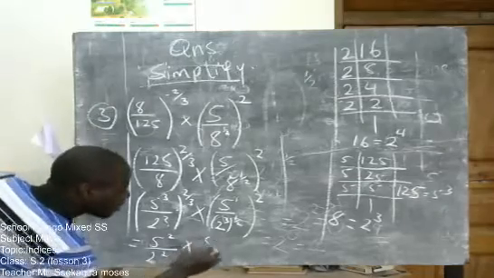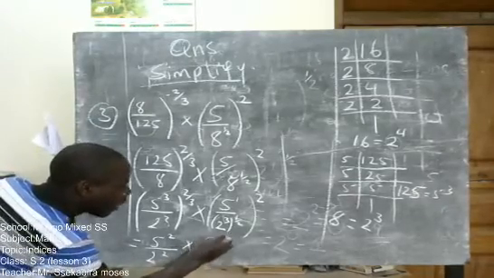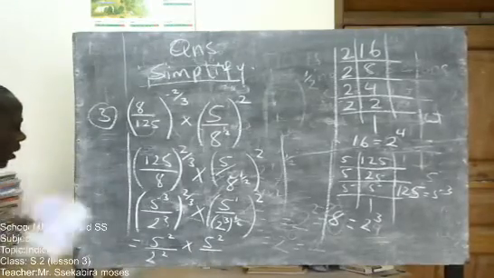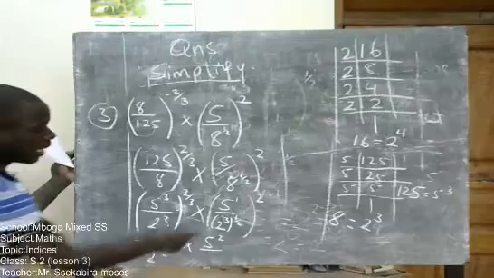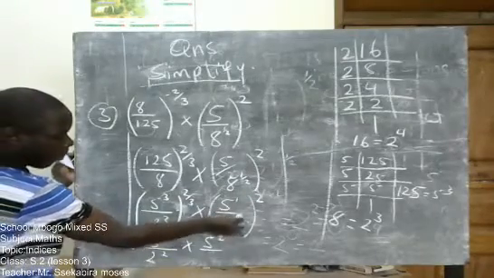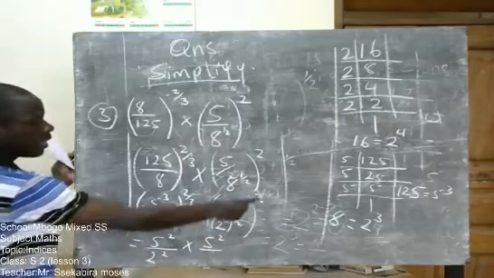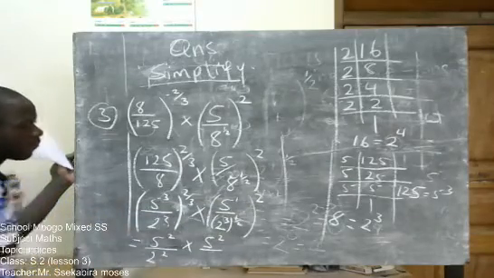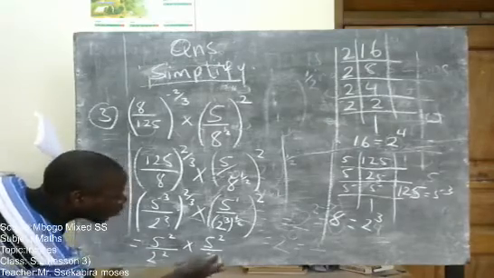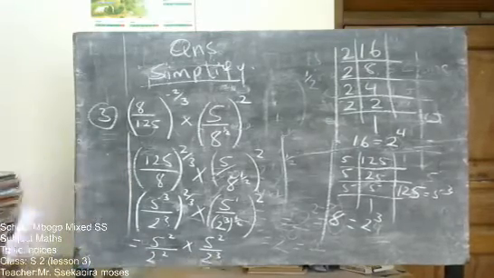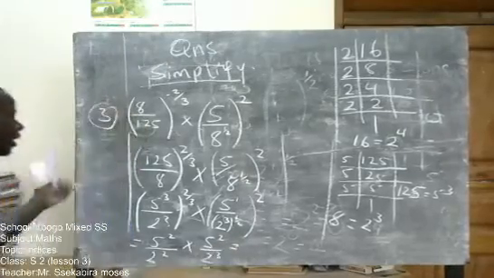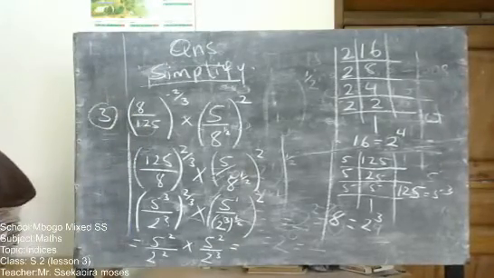That one gives us 5 to power 2 over, here, 2 times the power here, 2 times a half, you get 1. So we are going to remain with 2 to power 3, which is equal to, now we are applying the rules governing indices.